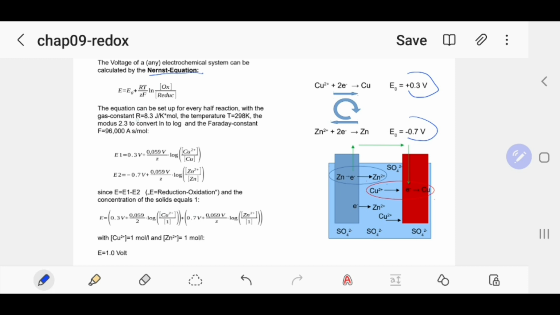There is a constant called R, which we just replace in the formula. There's a temperature constant, which is 298 Kelvin, and there's a number 2.3 just to convert from ln to logarithm. So we just multiply by 2.3 and we get logarithm.